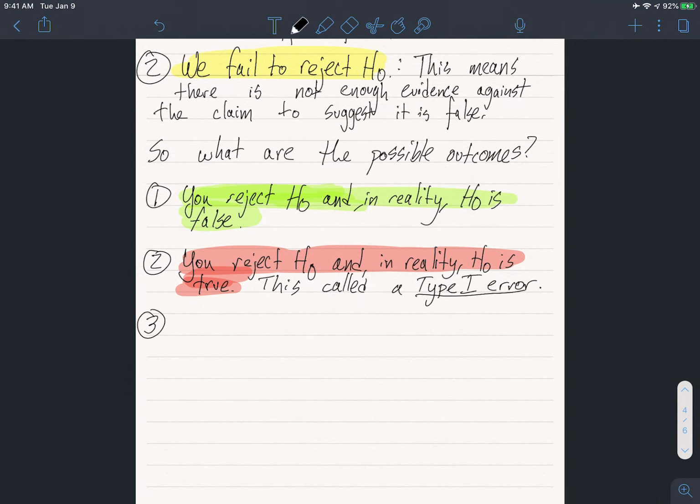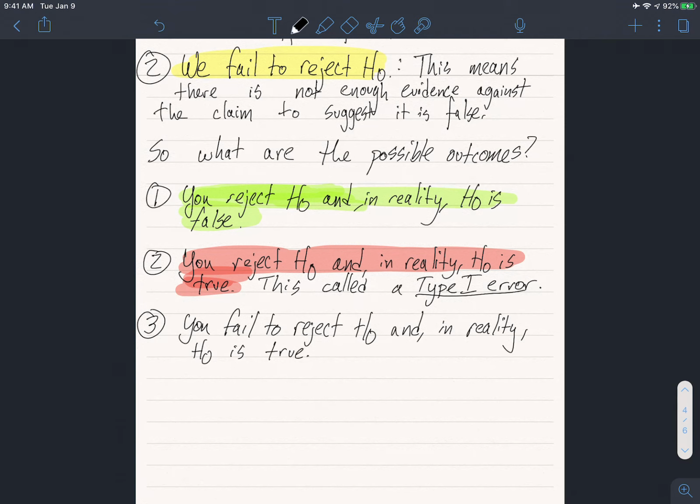Another possible outcome: you fail to reject H0, and in reality, H0 is true.